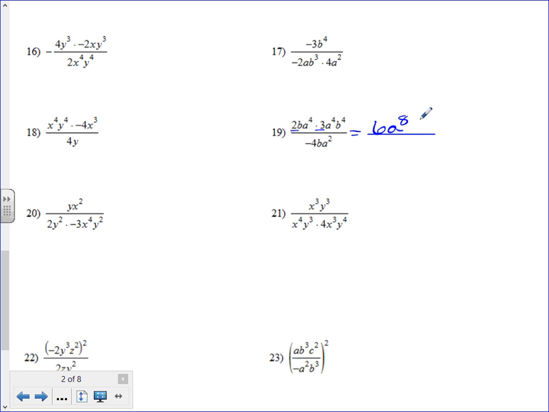On number 19, you add it, and then it's gonna be b to the 4th times b. B to the 5th, yep. 4 plus 1, that's 5. So you got to remind yourself of little things now. If the variable does not have an exponent, then the exponent is 1.